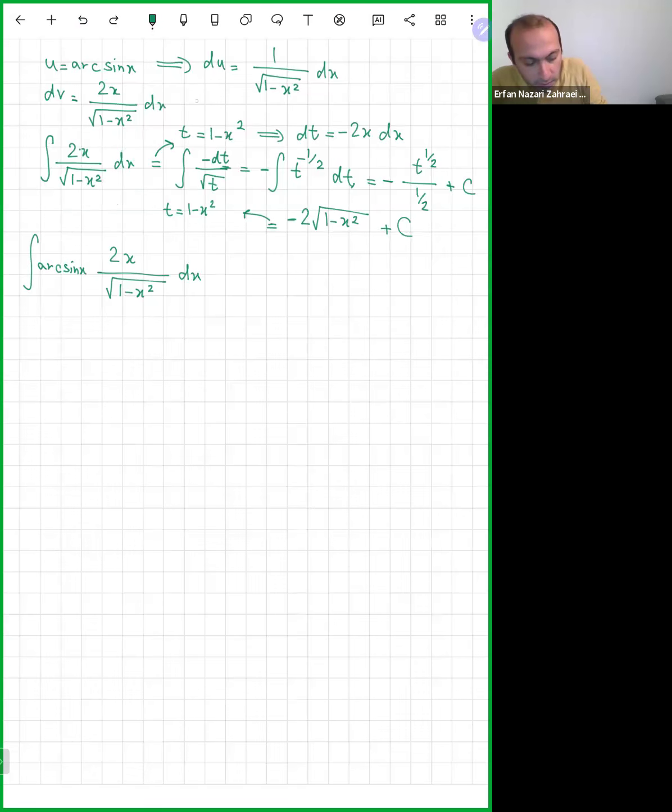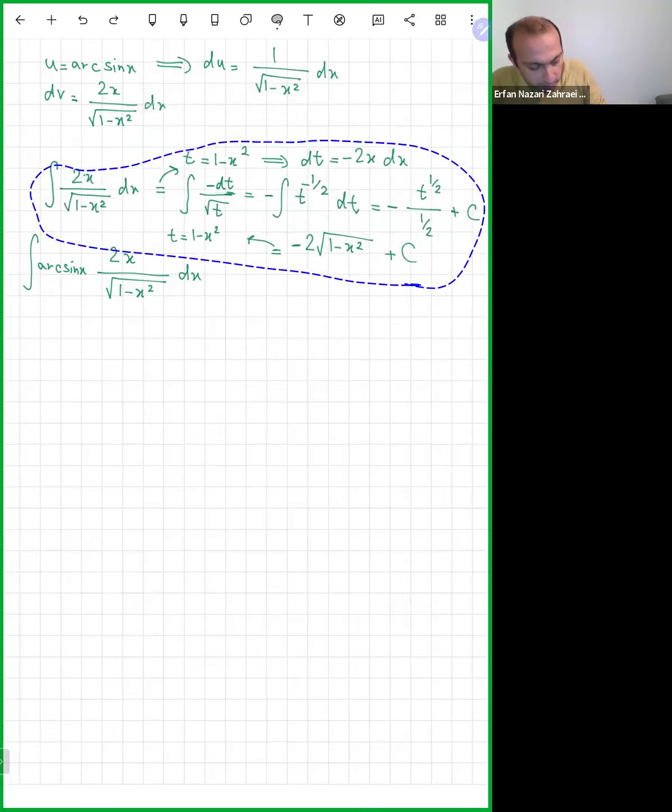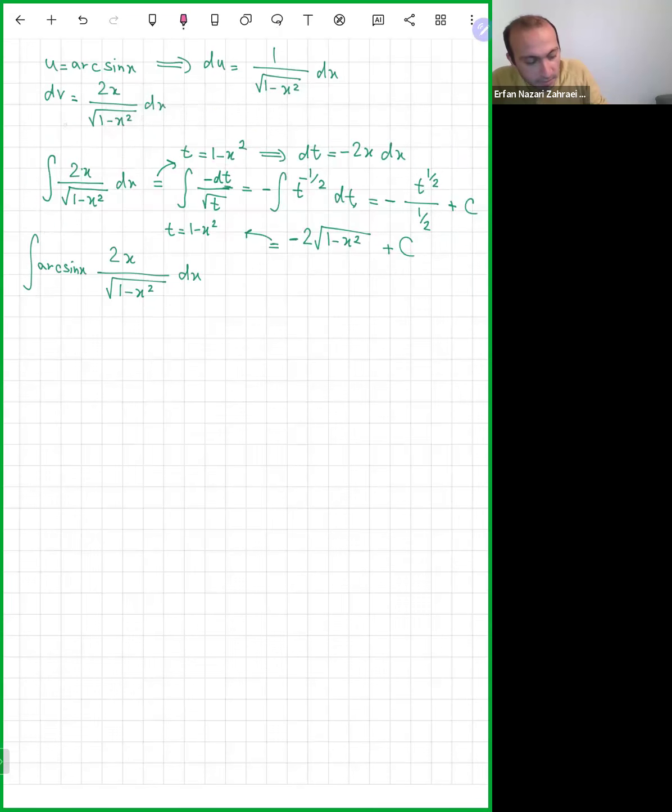In other words, I showed that if dv is this, then v itself, it should be this. But one of them is enough. This is all antiderivatives of this function. So v is just one of them.